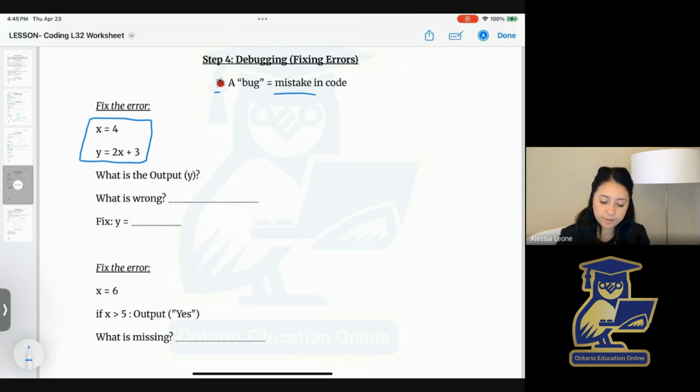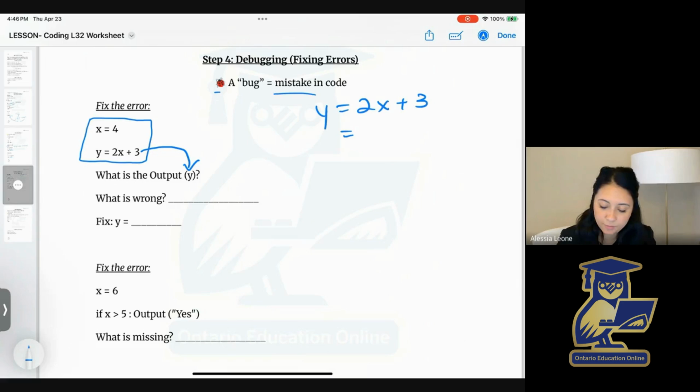So this is what it's showing us right now. This is what it's giving us. What is the output y? What is wrong? And fix it. So here, our y is this. Okay, that's what it's showing us. Y is 2x plus 3.